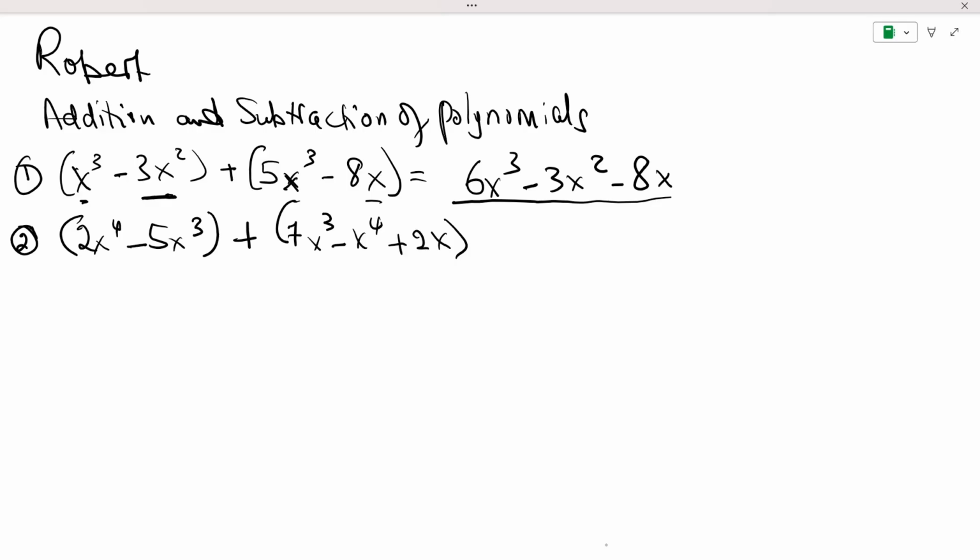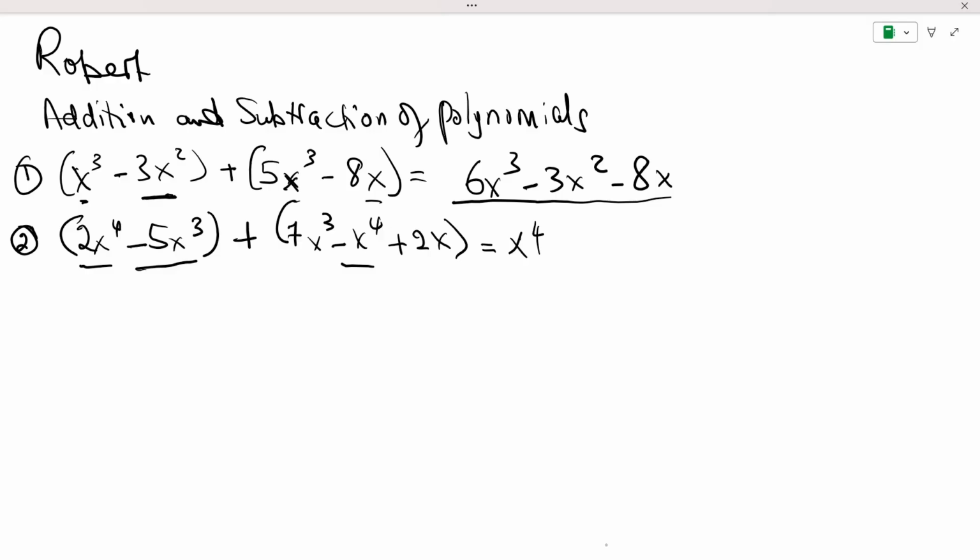So here again, we look for similar terms. 2x to the power 4 is similar to minus x to the power 4. So if we have 2x to the power 4 here, and here we have minus 1x to the power 4, this one will give us a total of 1x to the power 4. Then look at the second term here.